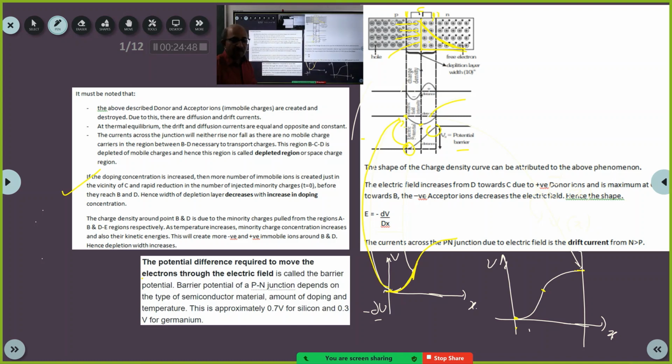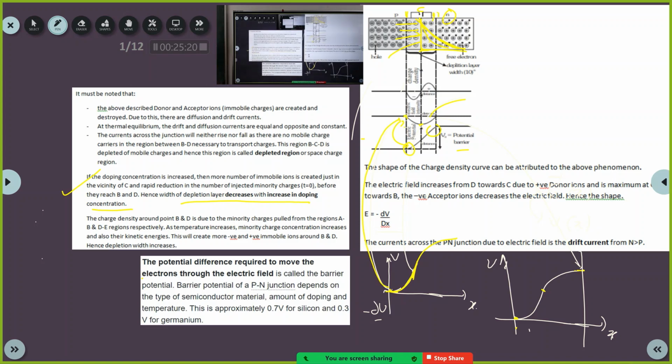The amount of consumption, that is the amount of disappearance of the injected holes, depends upon the concentration of the pentavalent dopant. If the concentration of the pentavalent dopant is more, then within a short duration many of these injected charges will be consumed, and therefore this width will reduce. Okay? Hence, the width of the depletion layer decreases with increase in doping concentration.